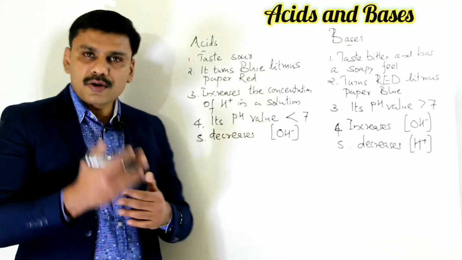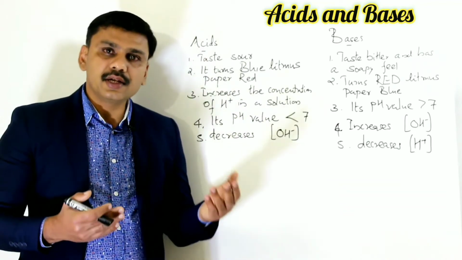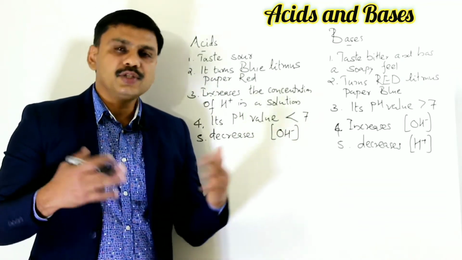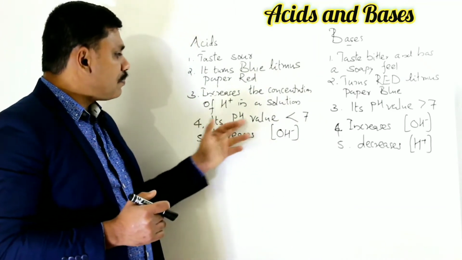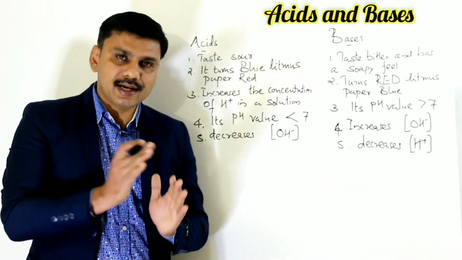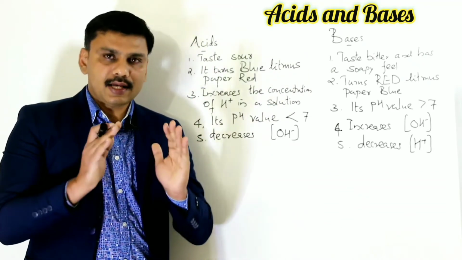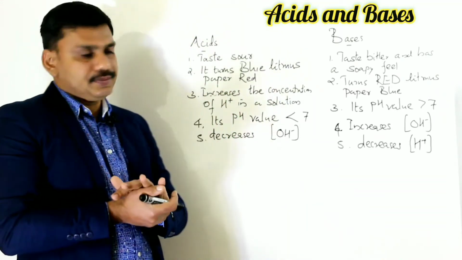It increases the concentration of H plus ion or H3O plus ion. Its pH value is less than 7. So all acids have a pH value less than 7.